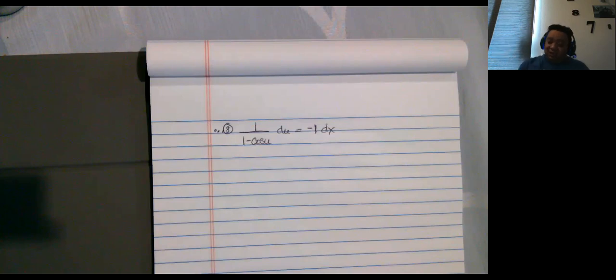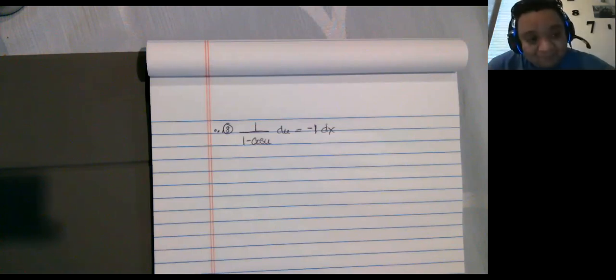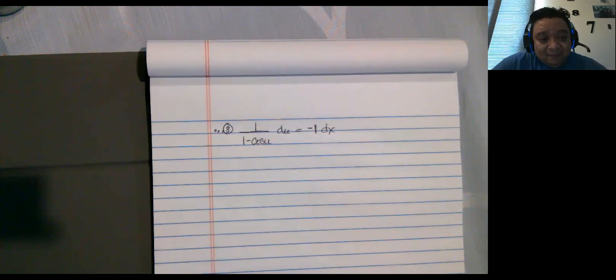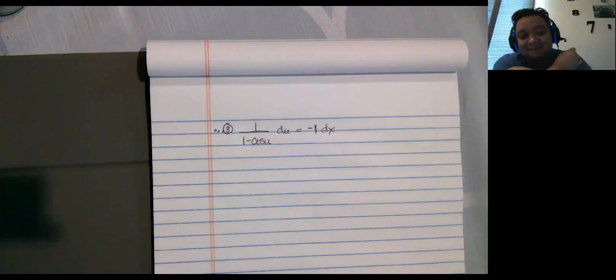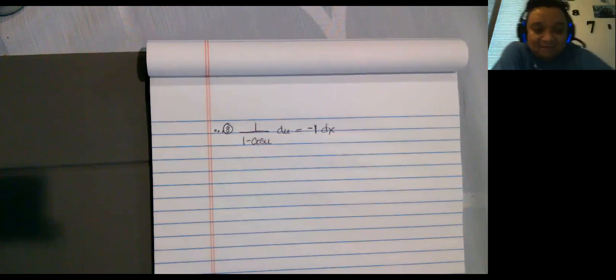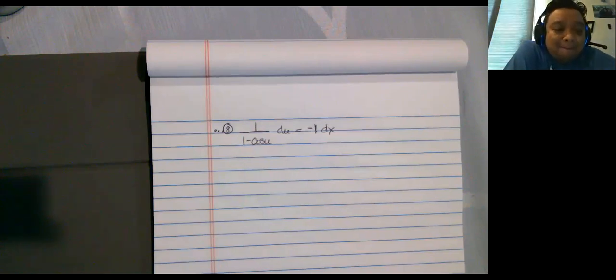Any suggestions on the left side on how to do it? Any suggestions? Anything? Nothing?